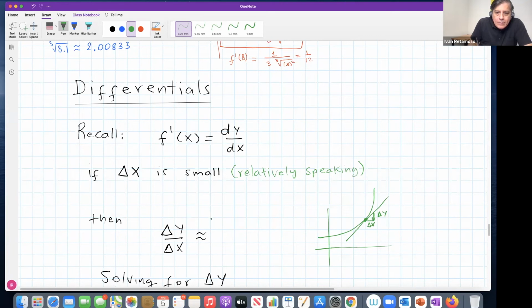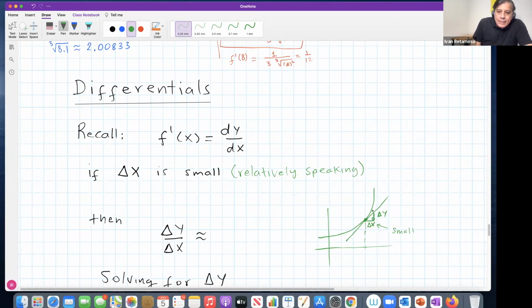If that is true, mathematicians figured out that if you are here, and you have some base point there, and you allow a very small variation on your input values, relatively speaking, then you can construct this right triangle attached to the tangent line, right?